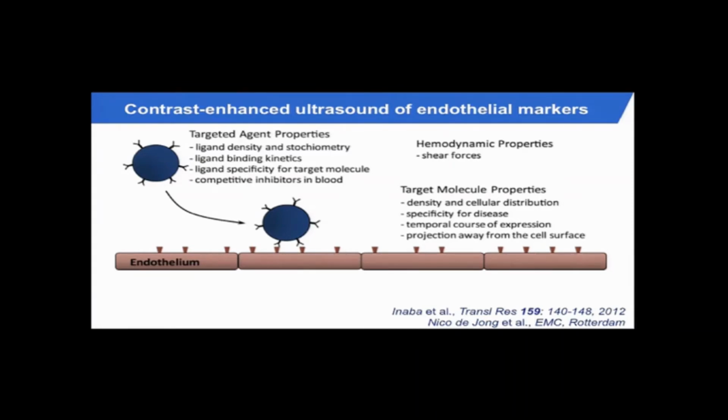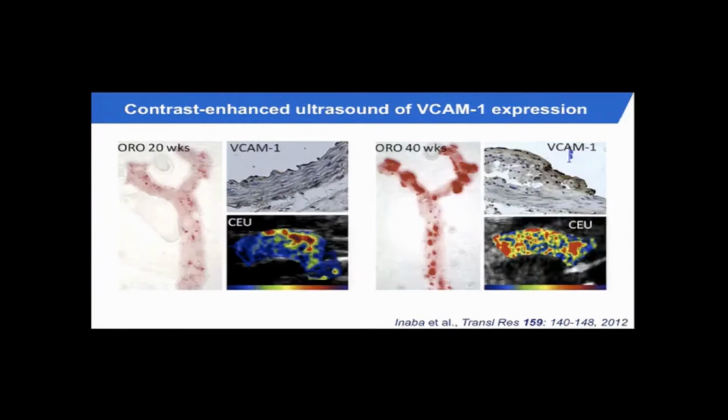But this is a very successful imaging modality for this type of work. As shown here, with plaque progression, increasing Oil Red O staining, increased VCAM1 expression, and then also the contrast-enhanced ultrasound scan using VCAM1 targeted material, you can see it generates stronger signal changes in the more advanced plaque. So it's very powerful technology, also for looking at vasa vasorum, for example.